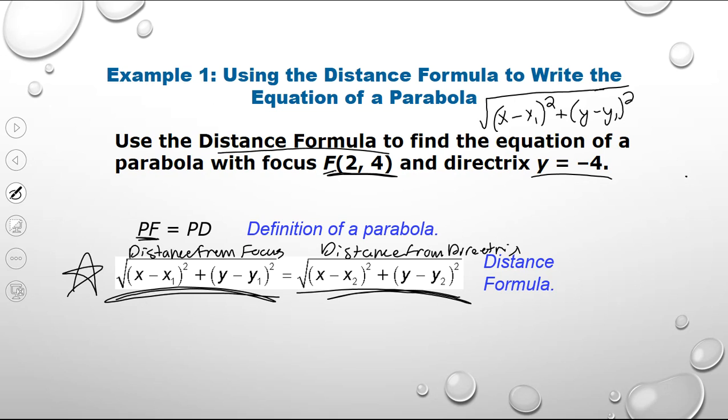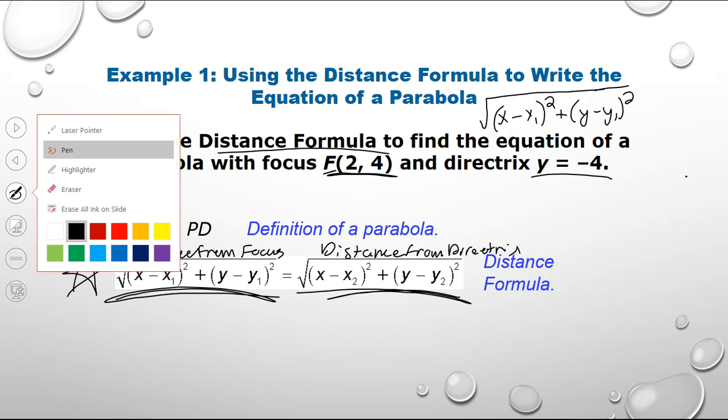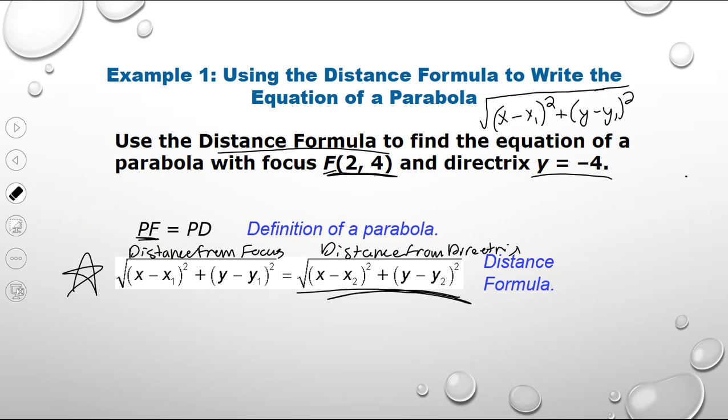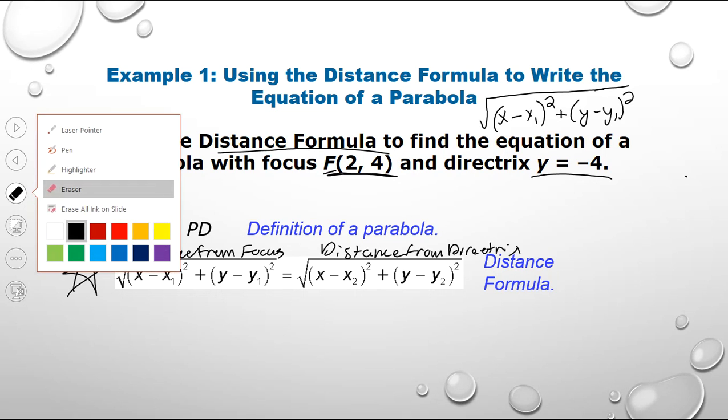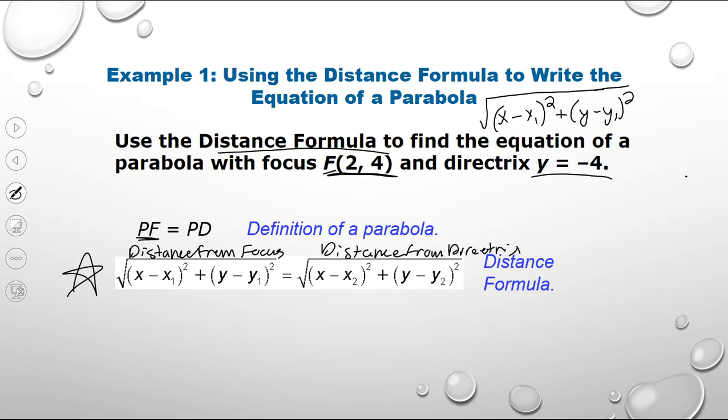So if I have the two distances equal to each other, or find out where they're equal to each other, I'll be able to write the equation for my parabola. So what we're going to do is now just plug in a couple numbers and evaluate some things. But of course, we do want to be careful in that process as to not mess anything up.